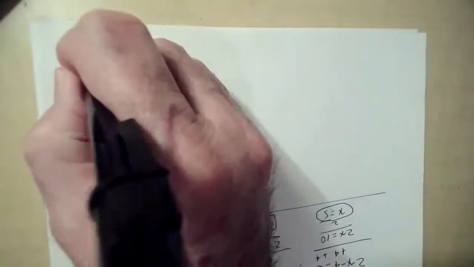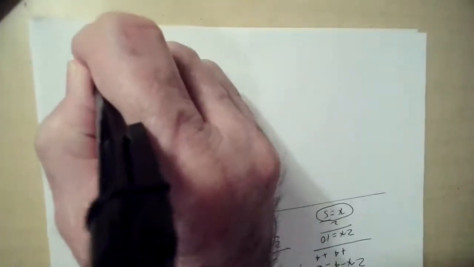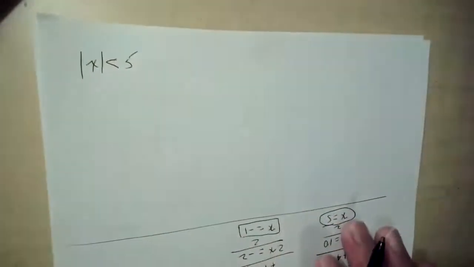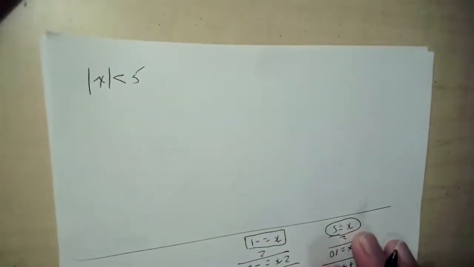Now, for inequalities, we have this. If the absolute value of x is less than 5, we have two possibilities here.